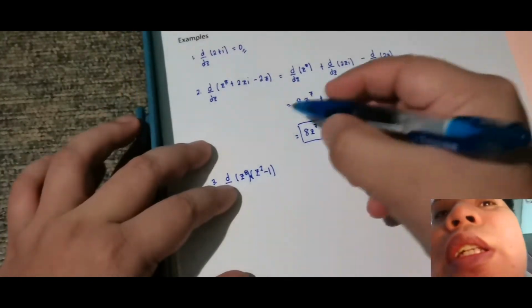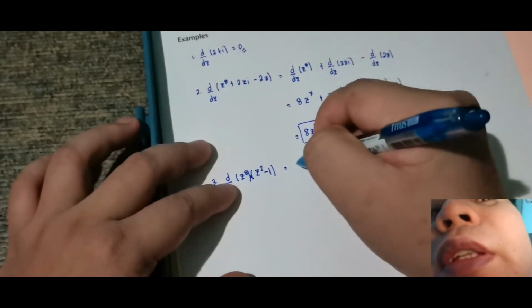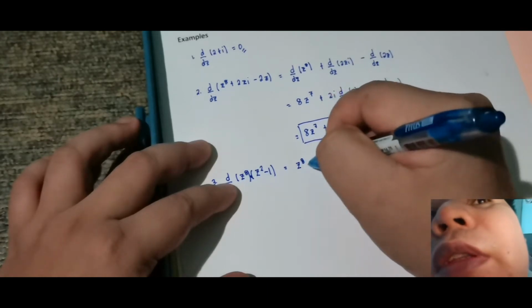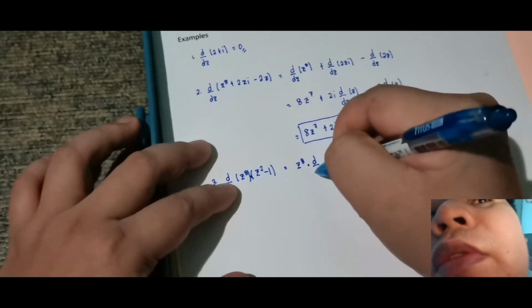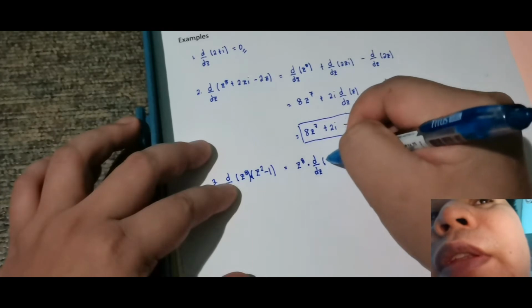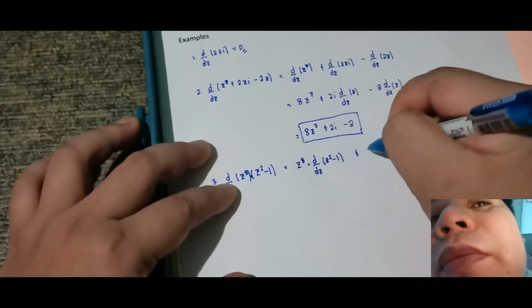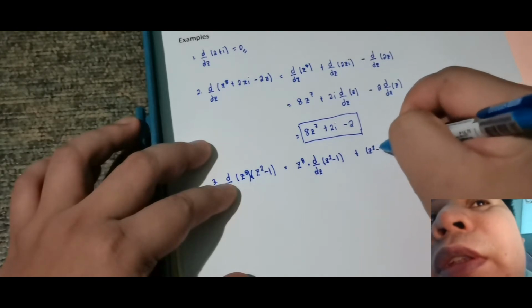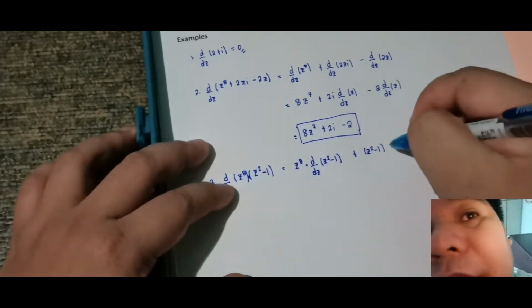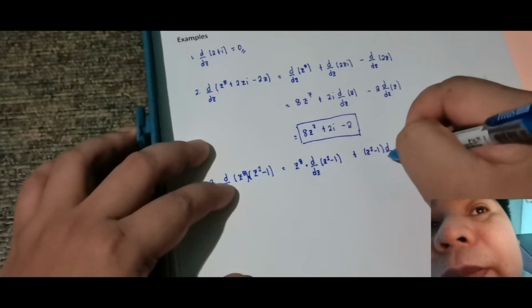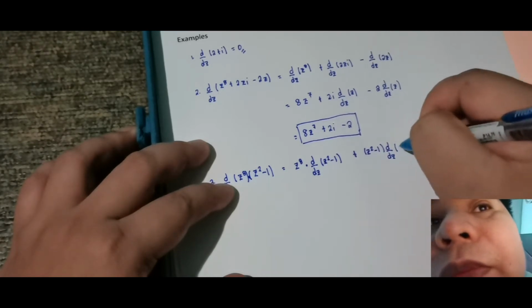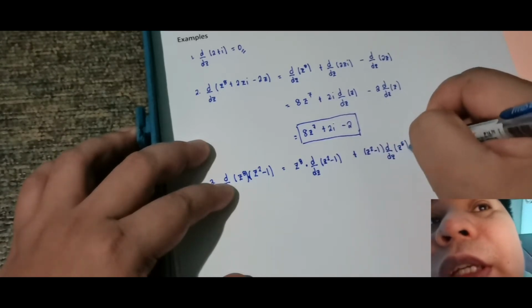So meaning this is equal sa z raised to 8 times the derivative with respect sa z ng z squared minus 1, plus z squared minus 1, then the derivative with respect sa z of z raised to 8.